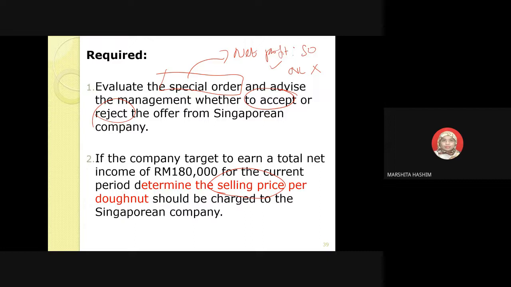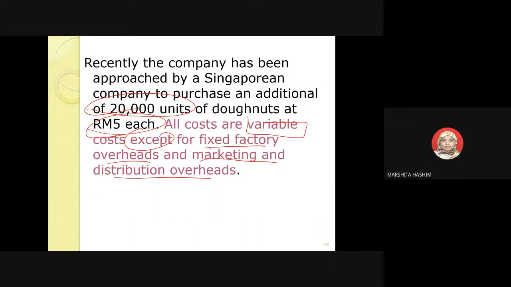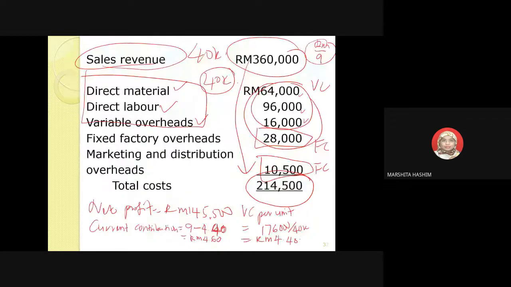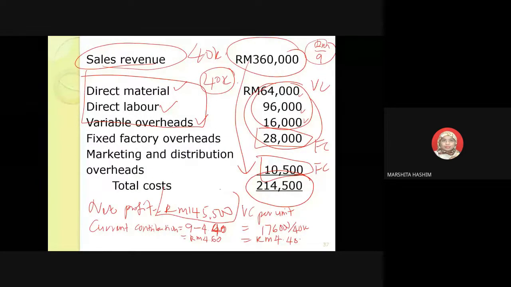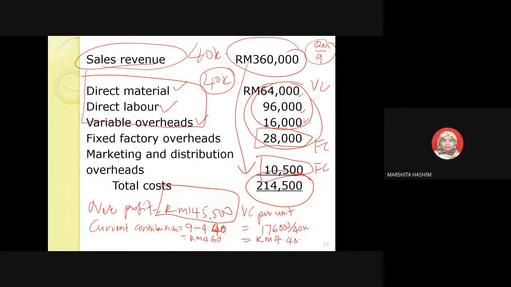If your target profit is 180,000. Earlier, you already determined net profit. How much just now? Net profit 145,500. Their target profit is 180,000. So how much more should they charge the Singaporean company so that they will get additional net profit, so that at the end total profit is equivalent to 180,000 ringgit.